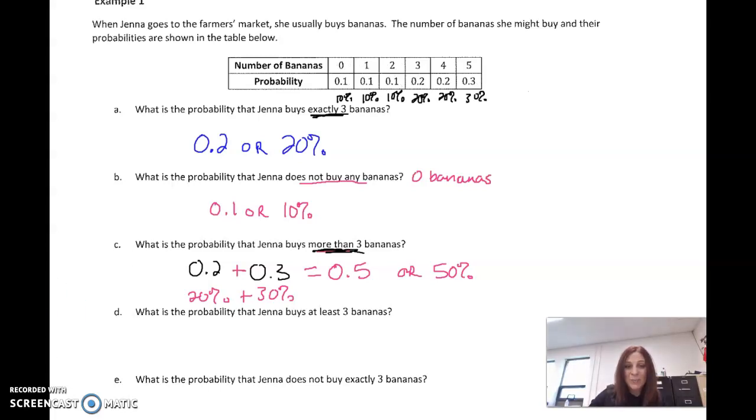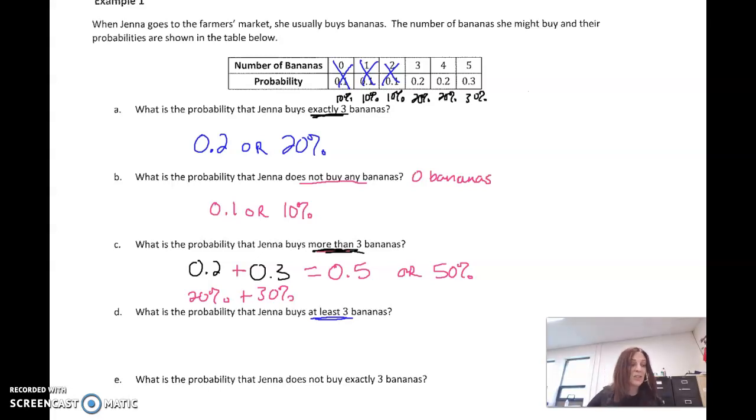What is the probability that she buys at least 3 bananas? If she's buying at least 3, again, you don't have to cross them out here, I just want you to explain it. Not 0, that's not at least 3. 1 is not at least 3. 2 is not at least 3. Is 3 at least 3? Yes. Is 4 at least 3? Yes. Is 5 at least 3? Yes.